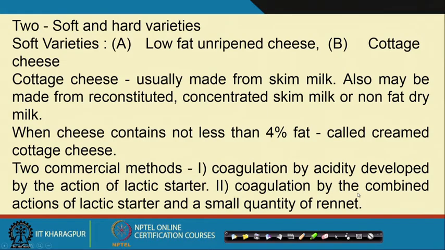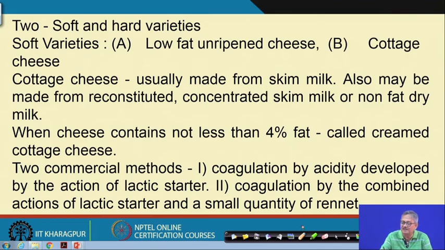If we look at then, there are soft and hard varieties which we will talk about. One is low fat unripened cheese and another is cottage cheese, right. More than low fat unripened cheese, cottage cheese is at least popular in our place. So we can dwell on the cottage cheese.